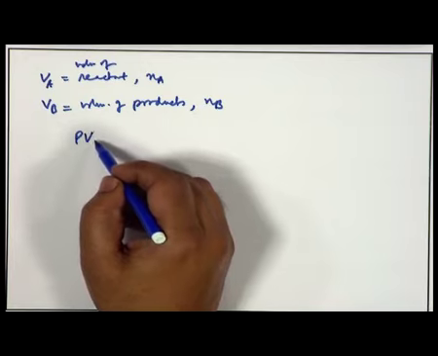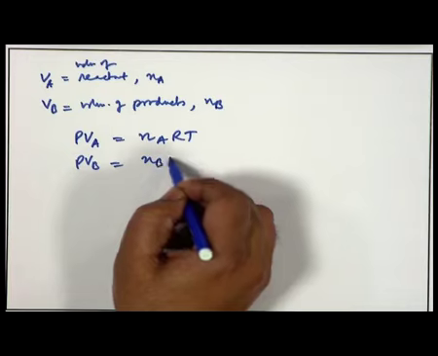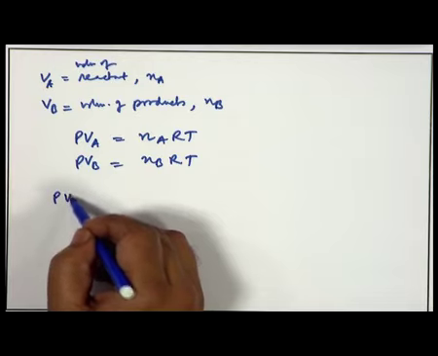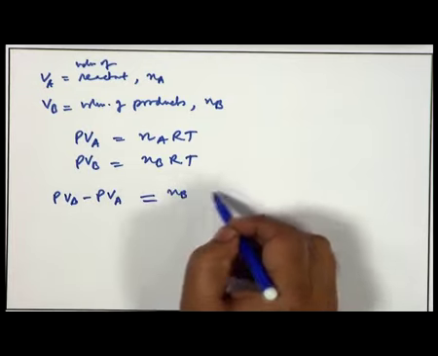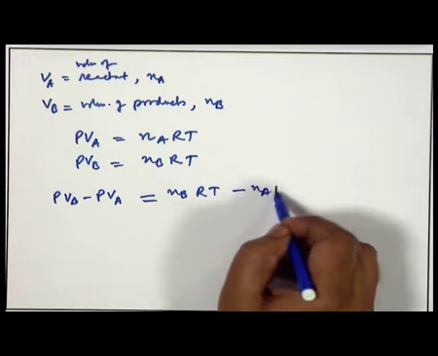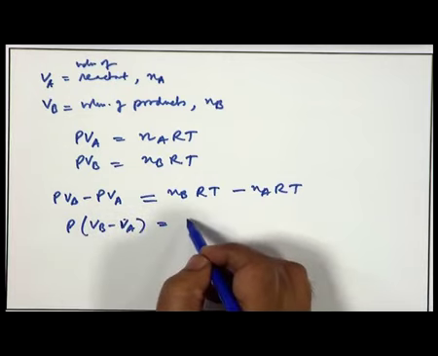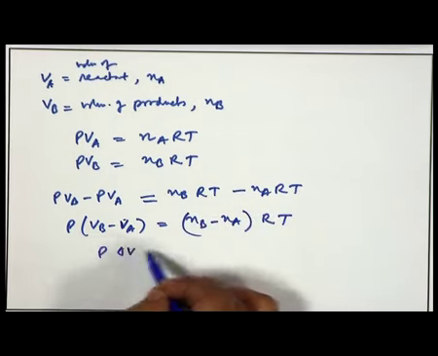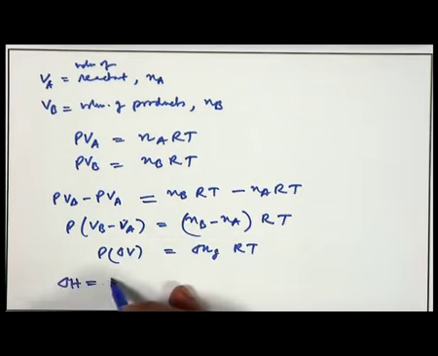If we consider these are ideal gases, then we can write P V_A is n_A R T, P V_B is n_B R T. Then delta PV is P V_B minus P V_A, which is (n_B minus n_A) R T. So, in this case delta H is delta U plus delta n_g R T.